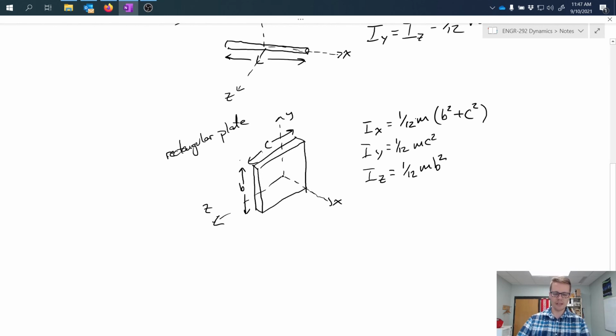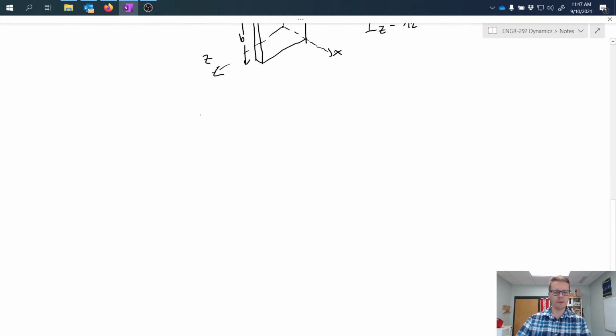All right, lastly, we're going to do a cylinder. Let's rewrite that a little better. And the cylinder, as you might expect, is going to look similar to our long slender rod.